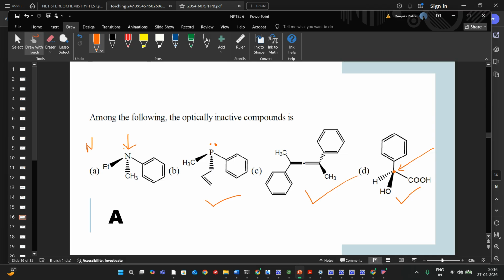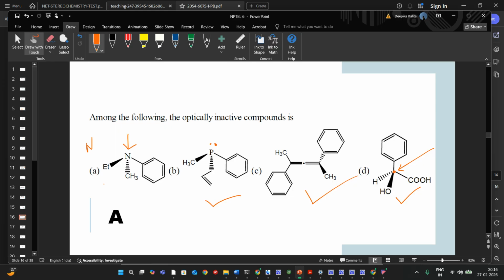And because of this umbrella inversion, the amines, although having three different substituents, are not optically active because it can convert itself into different configurations via the phenomenon which is called umbrella inversion.